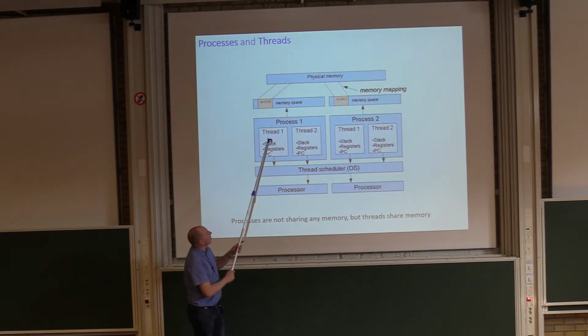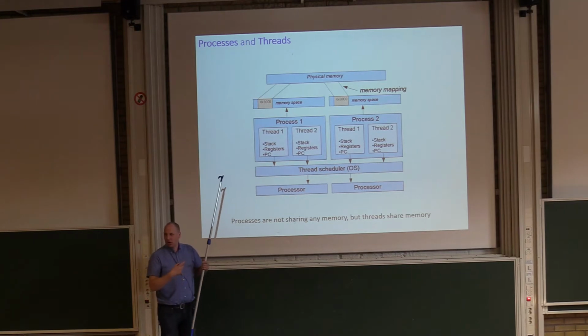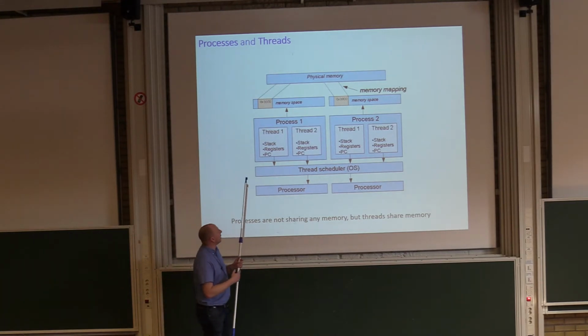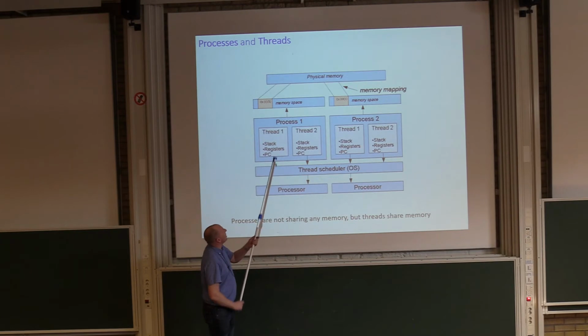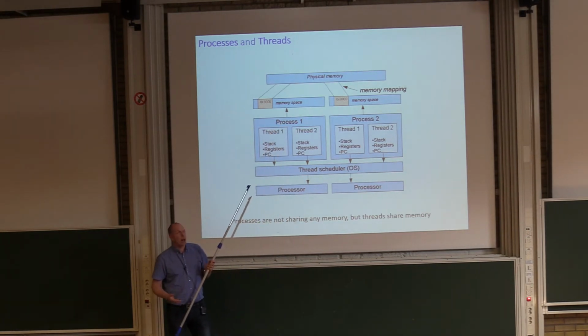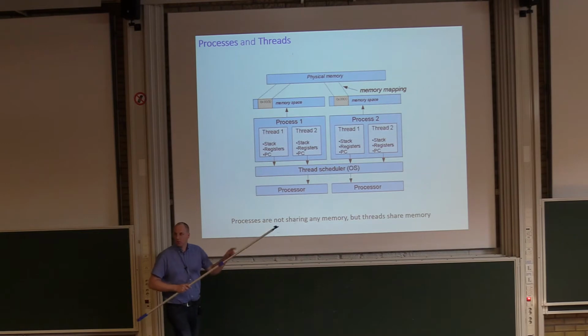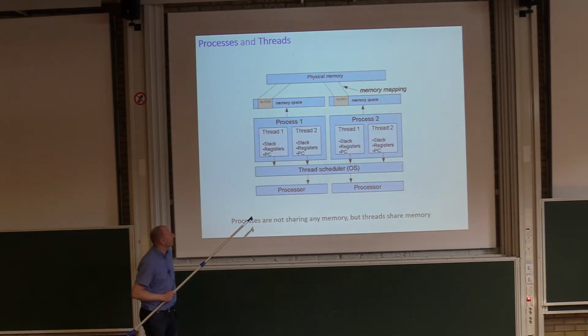So then you can use something called threads. Threads can execute on different processors, but they share the same view of the memory. So if you create a variable in one thread, you can access the same variable or memory from another thread. So you can use that to communicate between different threads.